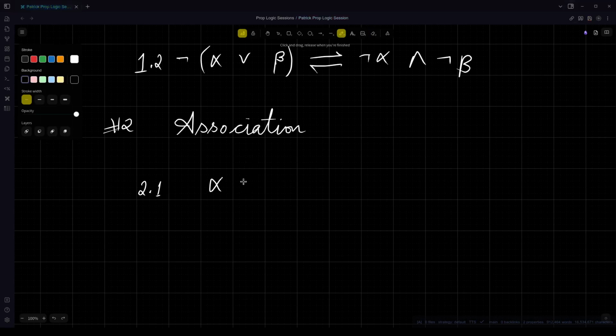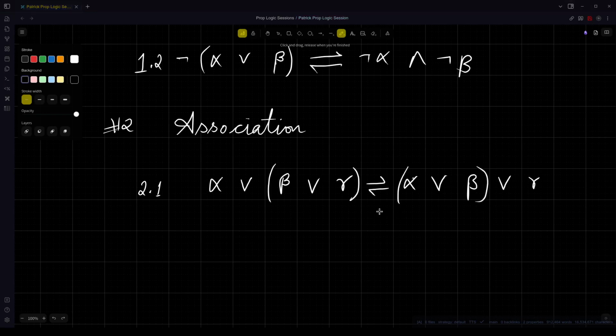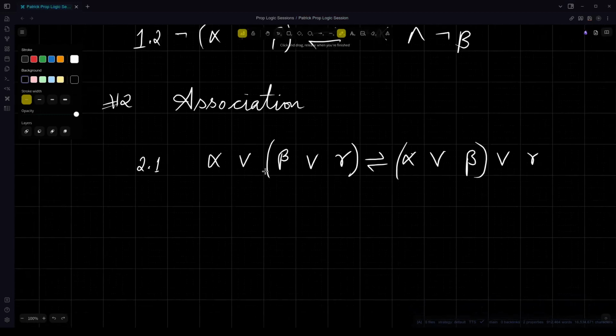So you have alpha or beta or gamma. Basically, when you have two disjunctions, you can move the bracket around and it's going to be the same thing.